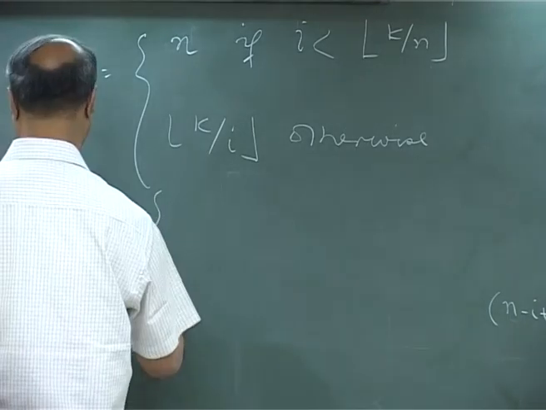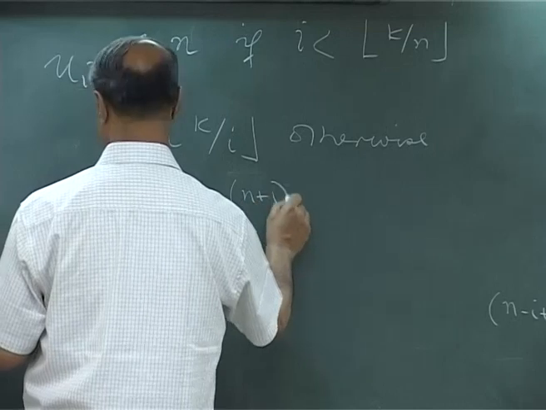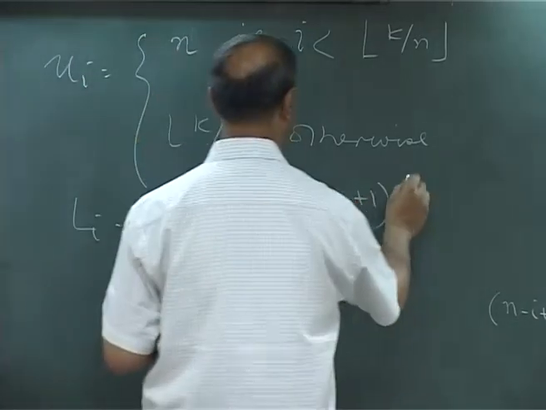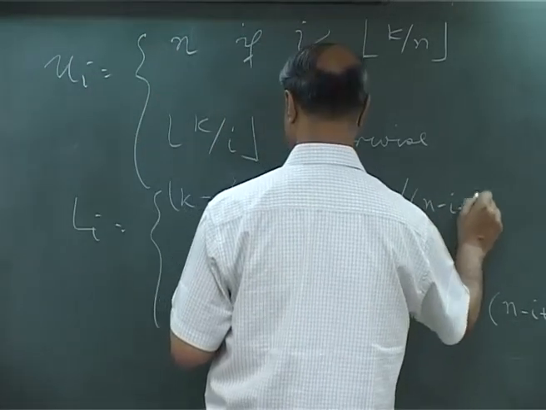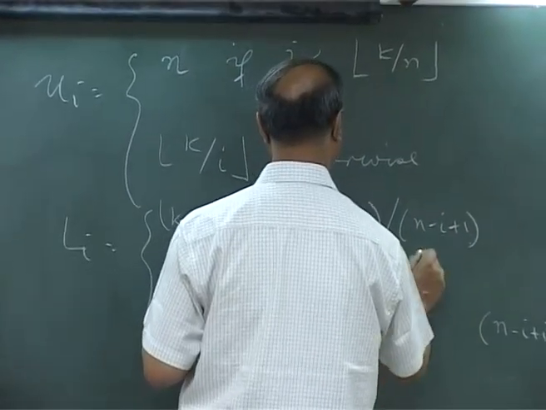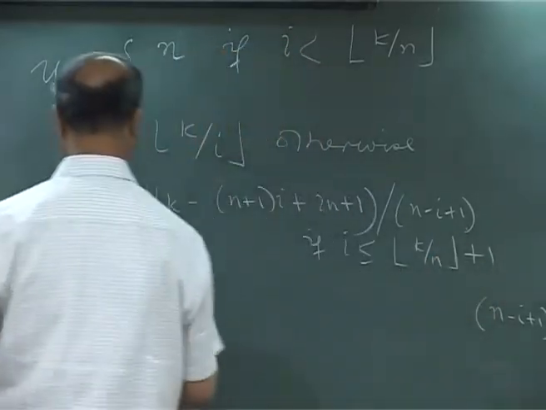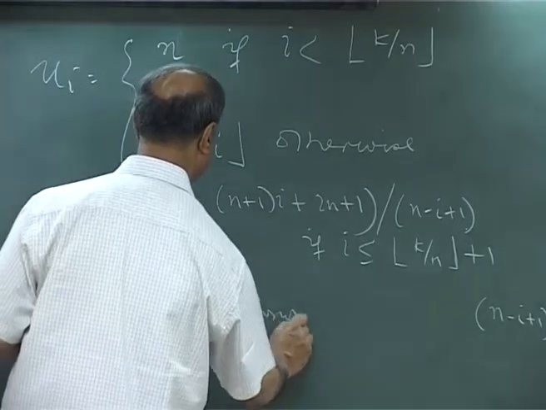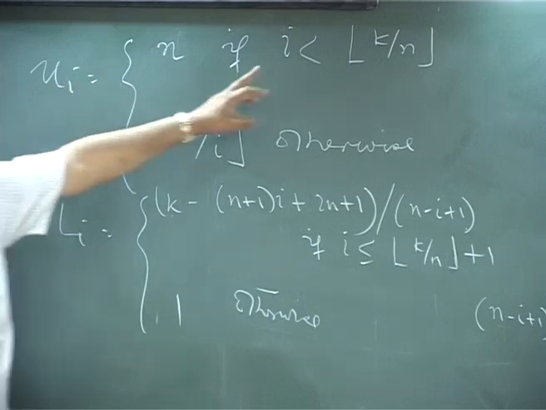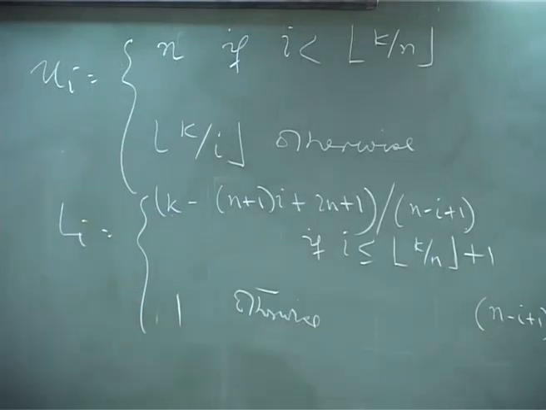Li is your k minus n plus 1 I plus 2n plus 1 n minus I plus 1 if I is less than or equal to k plus 1, and 1 otherwise. Right? Now, for different values of I, you can get ui and li.